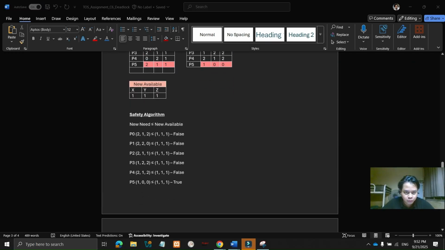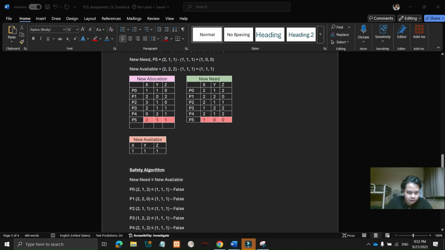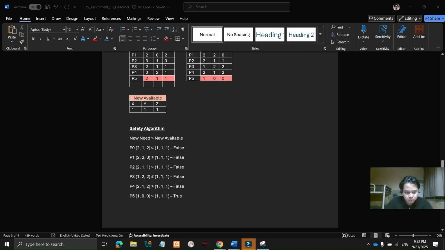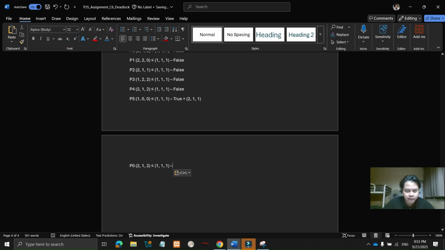So since it's true, we add the available with allocation. For this one is P5, so allocation 2 1 1. Then we update the available. So this is 3, this is 2, this is 2. Now it's true.